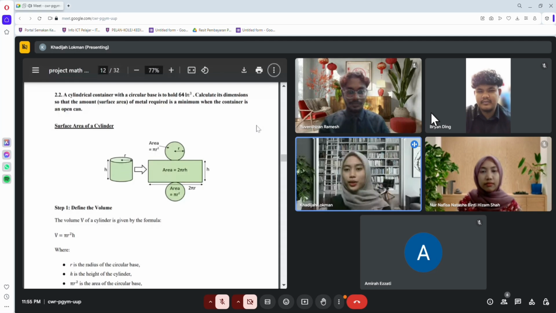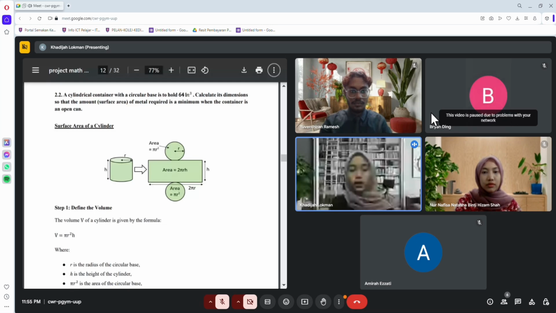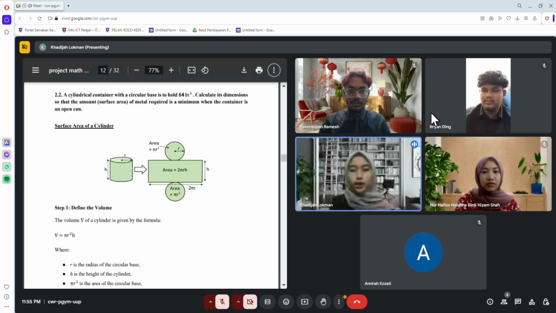This question asks us to minimize the surface area of a cylindrical container with a fixed volume of 64 in cubed. The aim is to find the optimal dimensions, radius and height. The volume of the cylinder is given by V equals pi r squared h. We rearrange to express height in terms of radius.